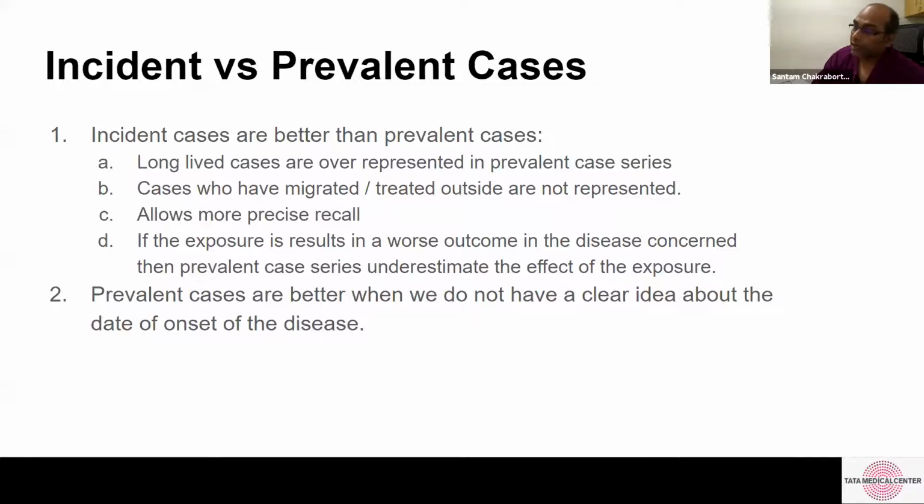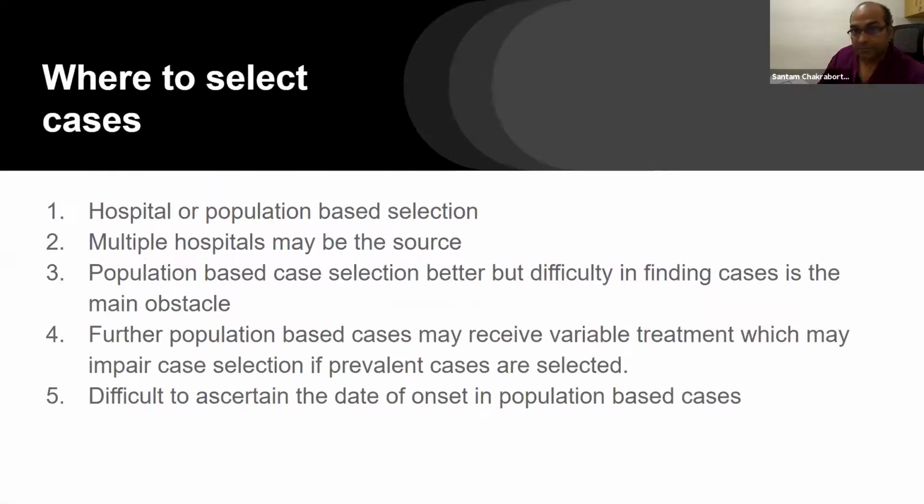So, if you want to take a prevalent case definition, what will happen is you will have an overrepresentation of cases who do not smoke because smokers will die off early. So these are the reasons why it is important to have incident cases rather than prevalent cases. Prevalent cases are better when we do not have a clear idea about the date of onset of the disease. Typically, this is not the situation for cancer studies.